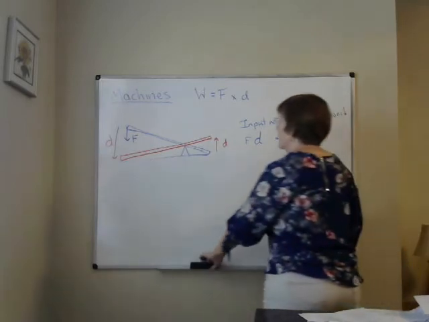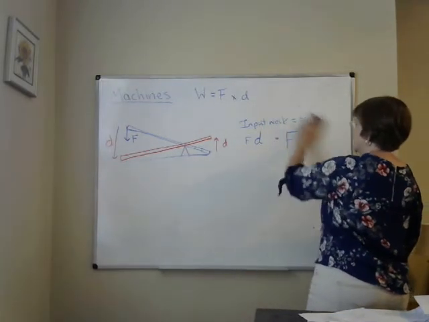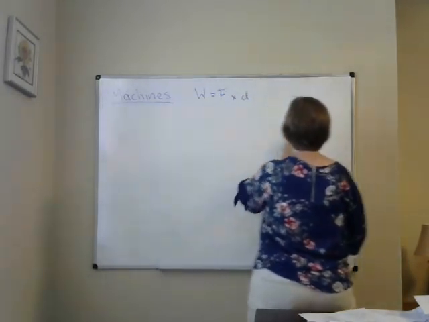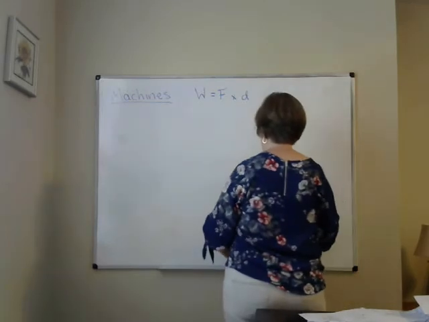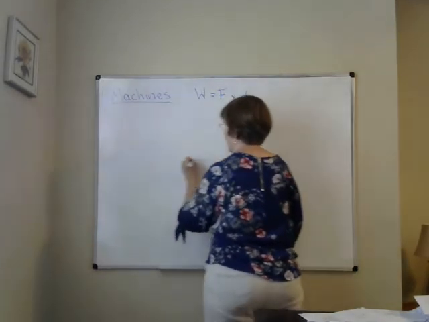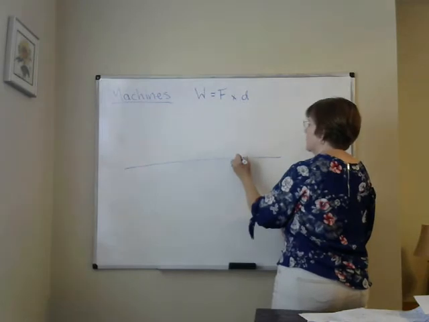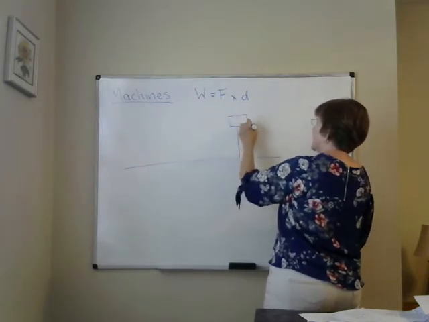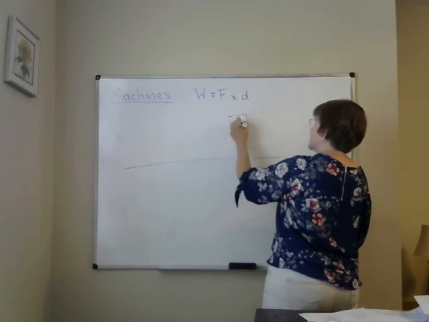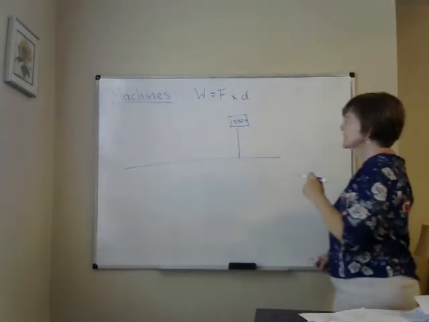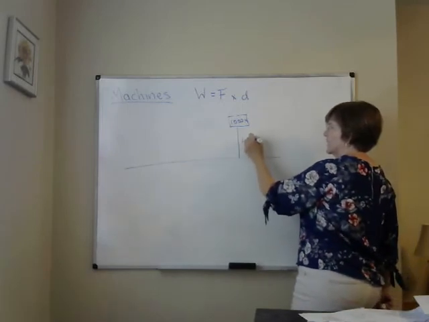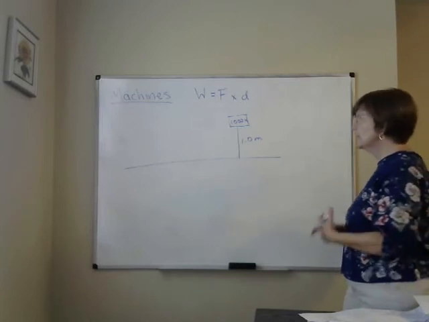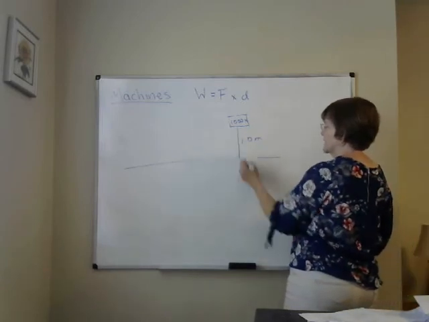However, if we go back, we've already looked at something like this. When we looked at it before, we looked at it using a ramp. If I'm going to raise something to a height, let's say we want to pick up 1,000 newtons, and I want to raise it to a height of 1 meter, the amount of work being accomplished, my output work, is force times distance.